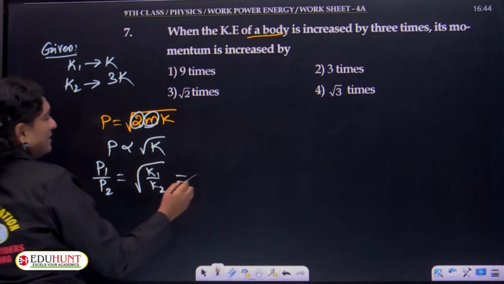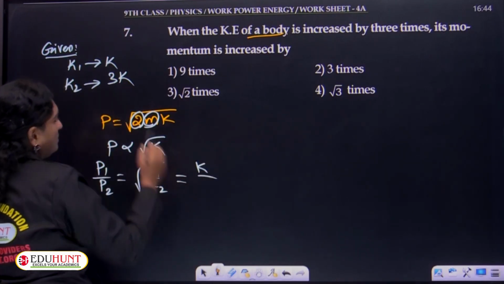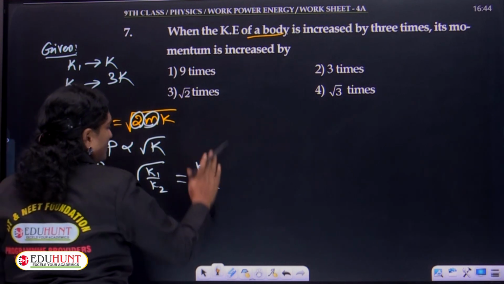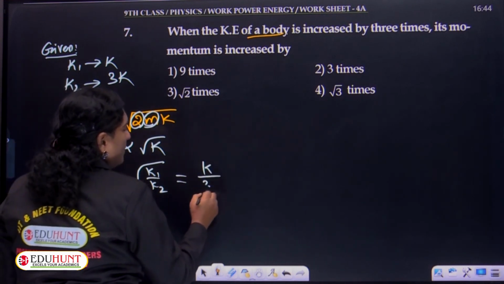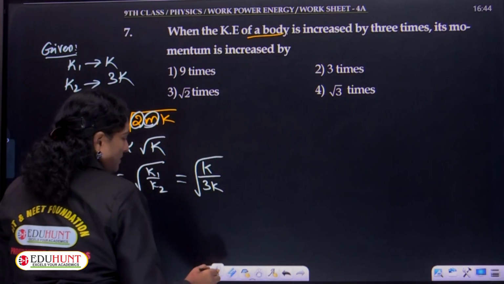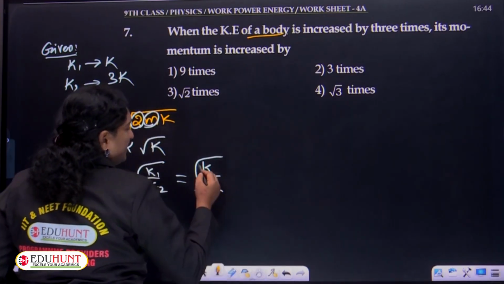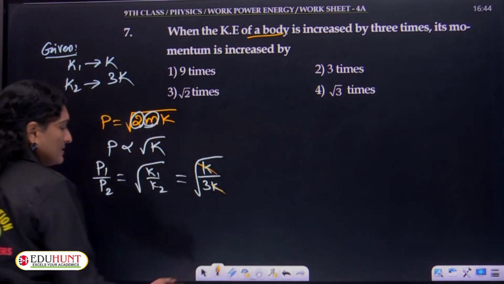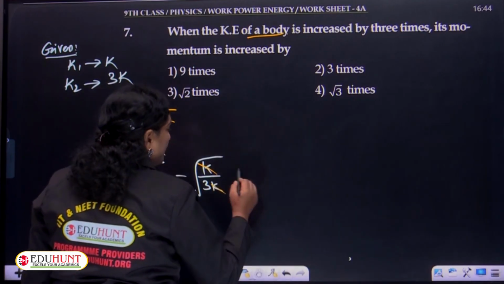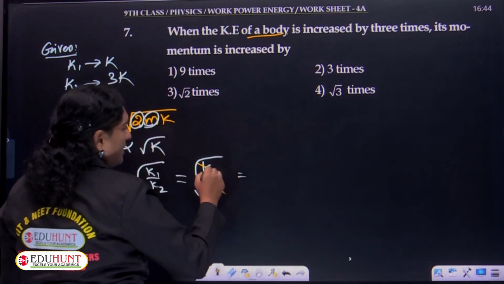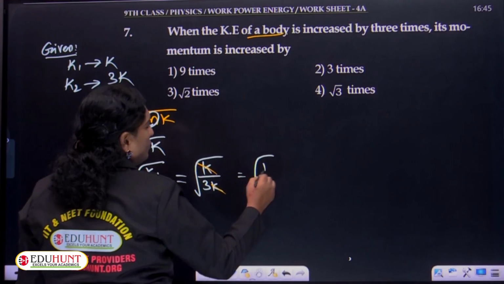What is K1? K. And what is K2? 3K. Under root, K upon 3K. After simplification, K and K get cancelled, leaving root over 1 upon 3.